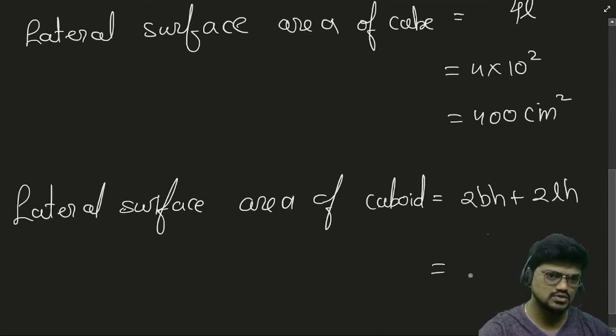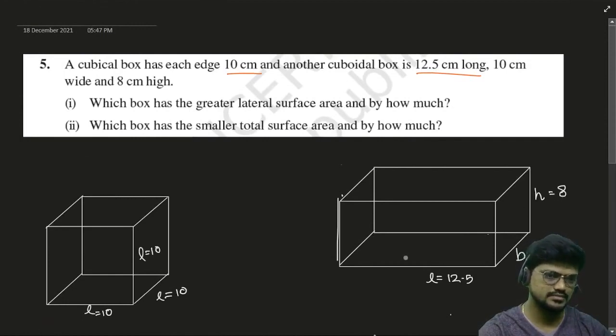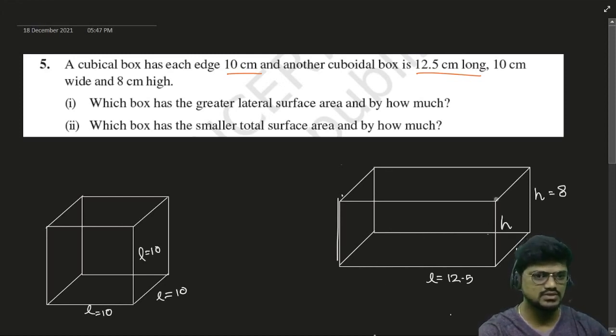So you can write it as 2H into B plus L. L into B will be the base area. L into H it will be, because this is H.